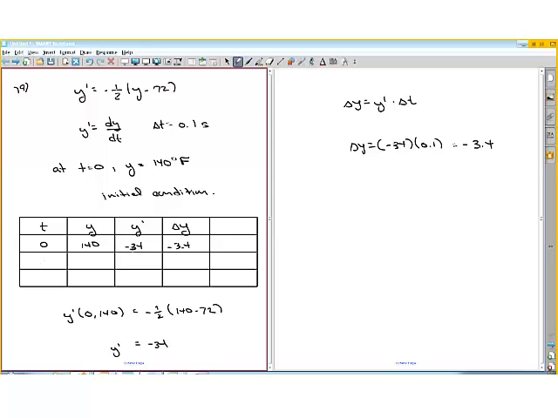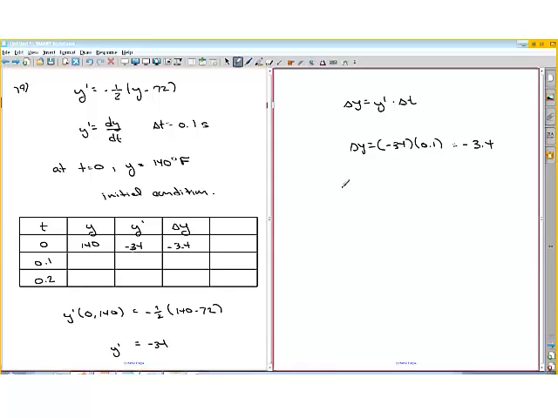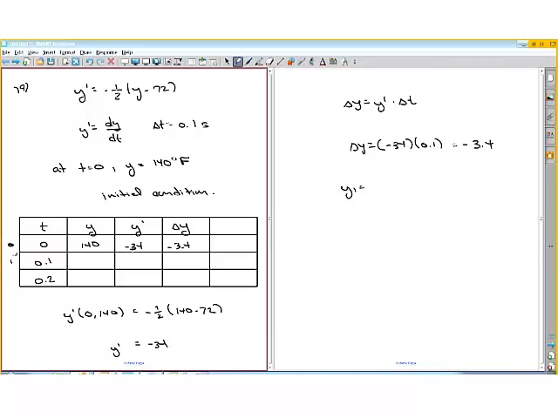Okay, so our new value of t, we increment it just like we did before. So we're going to go by tenths of a second. For y, we are going to take our old value of y. So let's say y sub 1, and we'll call this one 0. These are step numbers.